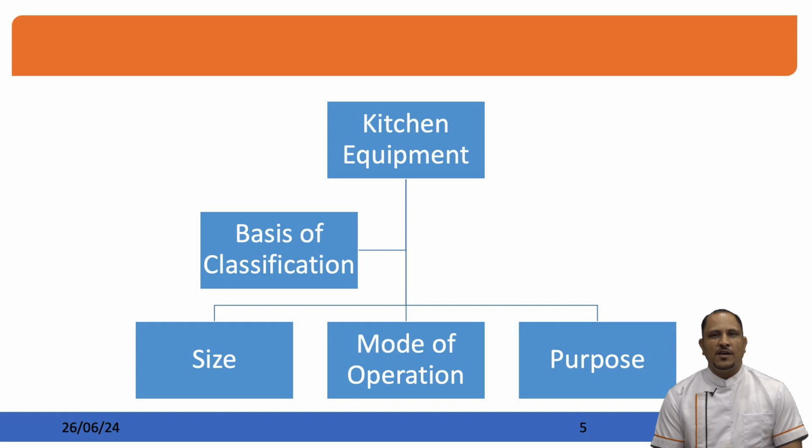And when the type of equipment is determined, it is determined on the basis of what type of cooking will take place, depending on the menu which will be served, what will be the various methods of cooking, and for each method of cooking what type of equipment will be required.